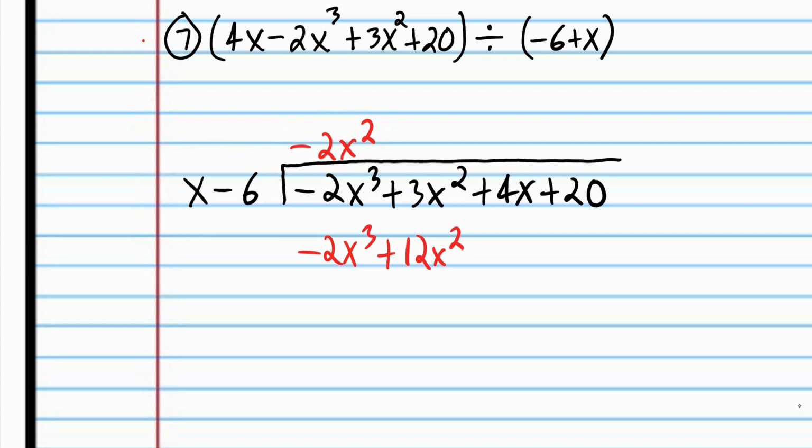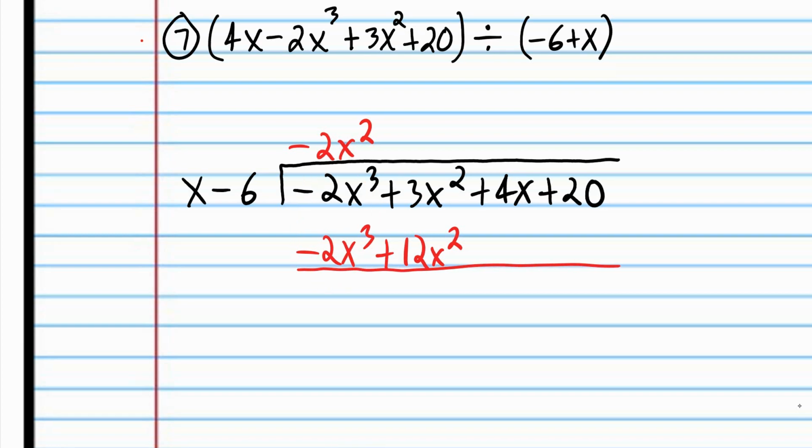So now we're going on to step number 3. That was step 2 when we multiplied. Now step number 3 is to subtract. So we're going to draw the horizontal line. And these cancel out. And 3x squared minus 12x squared is negative 9x squared. And 4x minus nothing is 4x. And 20 minus nothing is 20. We're now done with cycle number 1.